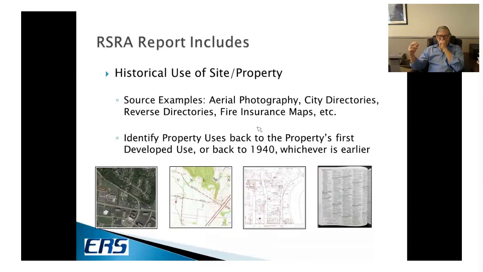Now, how would you address something like that? Well, you'd have to go back to the previous owner who sold the orange grove to the builder, or to the builder, interview them and see if they sampled the land for pesticides, herbicides, insecticides, right?